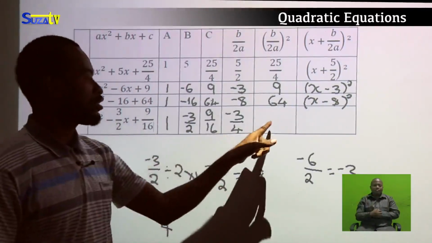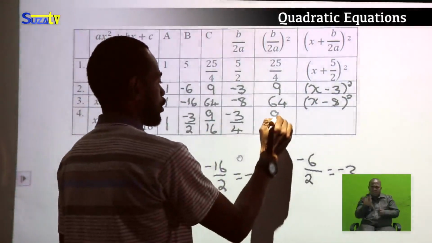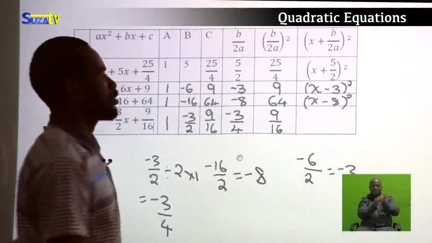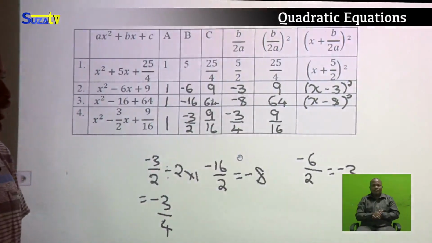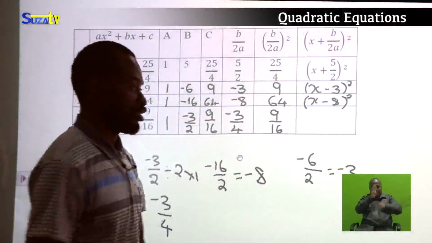Then here is just the square of this, which is 9 over 16. And finally, our expression, which says x plus b over 2a, squared.